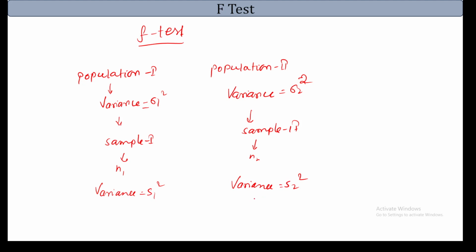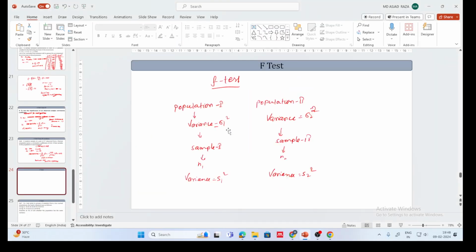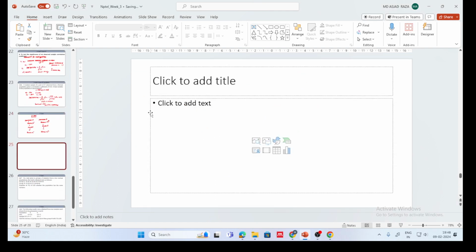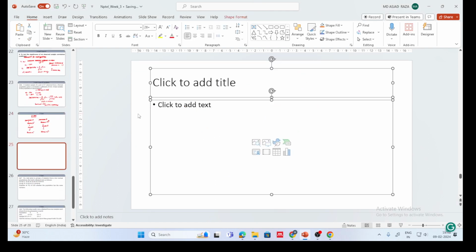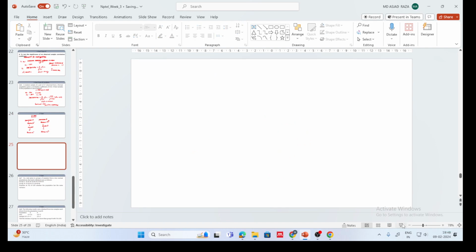So what is the objective of the test? I will just write it. I'll take one slide. So if we speak about the objective of the F test, what is that?